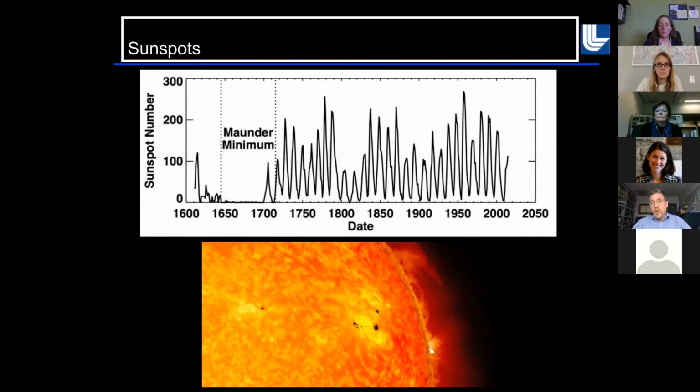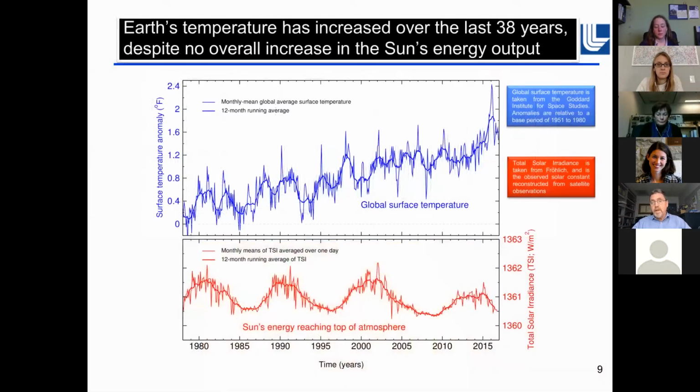So part of the job of scientists is to try and understand the solar effect on climate. And one simple way of looking at that is looking at the last 40 years when, as I mentioned earlier, we actually have measurements from space of the sun's energy output.